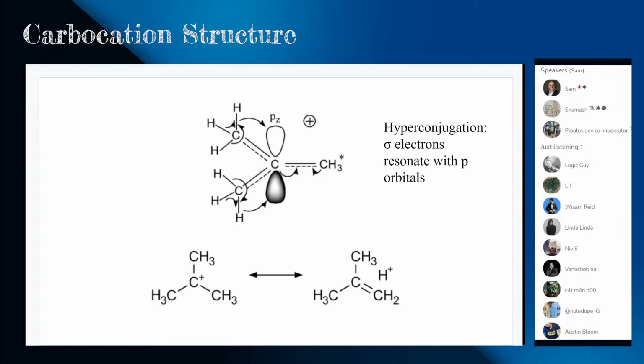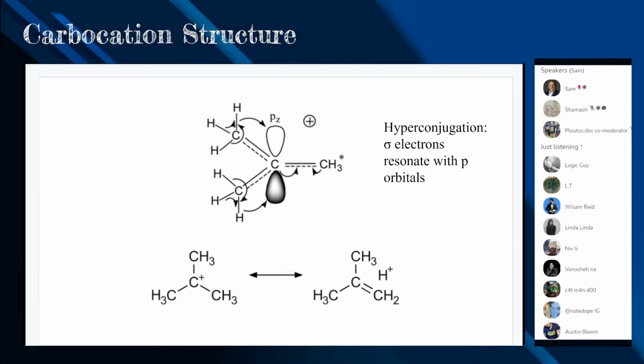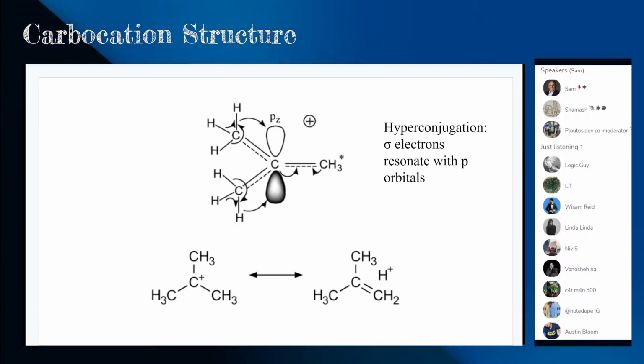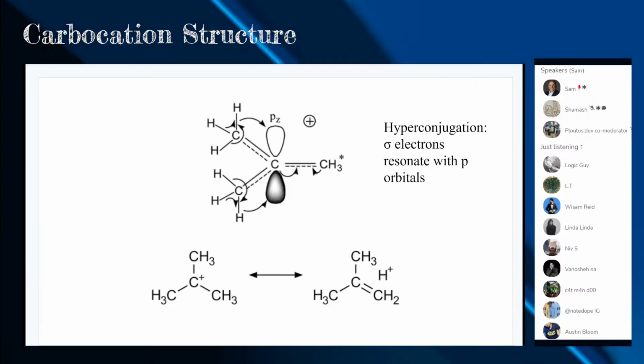First of all, before I move on from this slide, this cartoon also explains why the t-butyl carbocation is stable, and how the electronics in the molecule affect the stability.